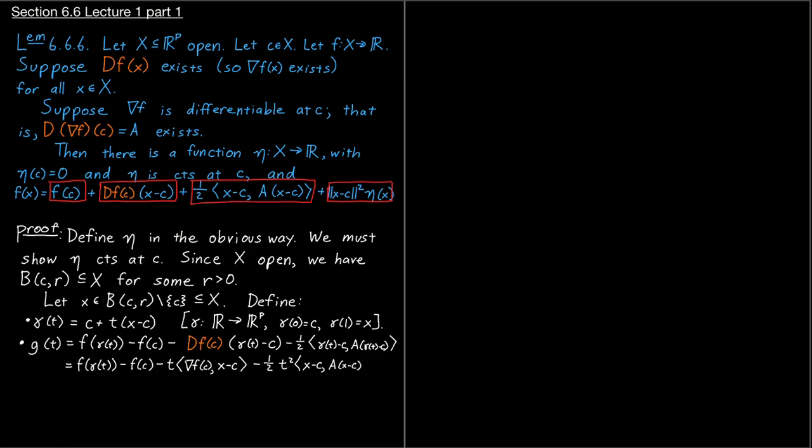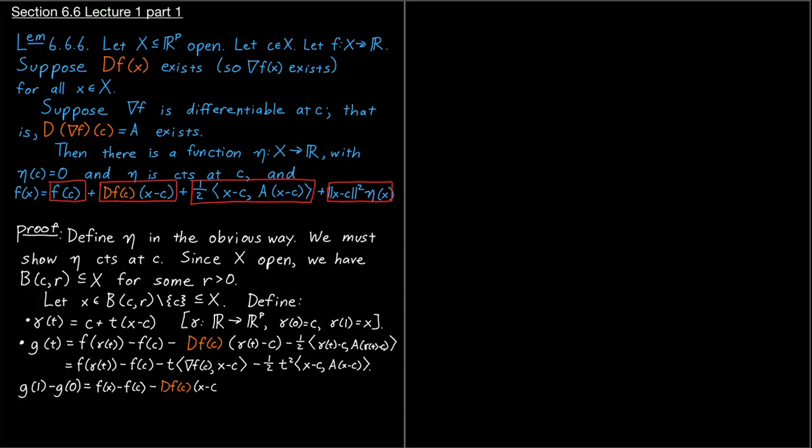Now we're going to notice that g of 1 minus g of 0, you plug in 1 for t, you get f of x minus f of c minus df of c at x minus c.